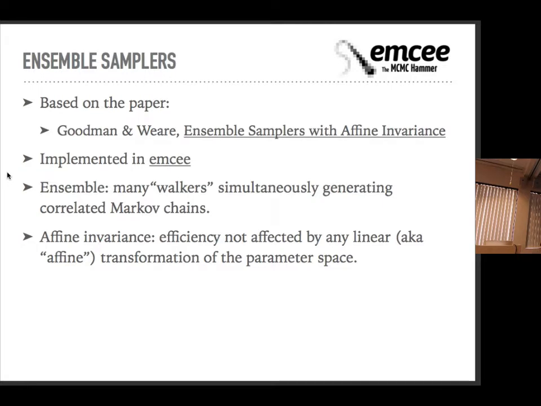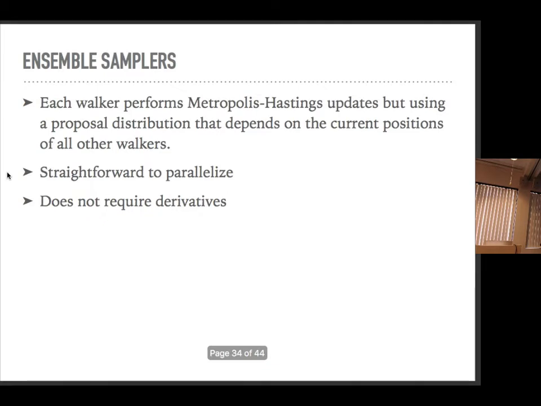So in particular, let's say you're sampling a really long stretched-out Gaussian. You could make a linear transformation that makes that a nice round Gaussian, which would be very efficient to sample. You don't need to do that, because the affine sampler doesn't care that it's being stretched, as long as it's just a linear stretch. Those are the two main ideas there.